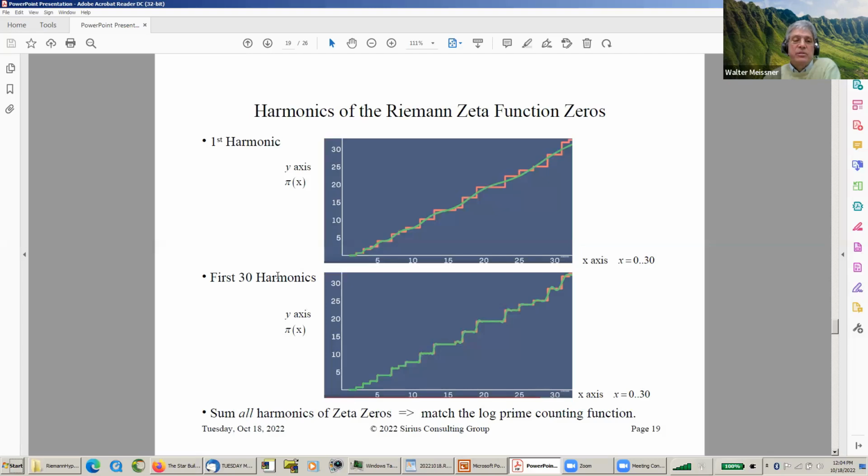And if you take the first 30 harmonics, you notice it begins to curve fit this staircase even better.